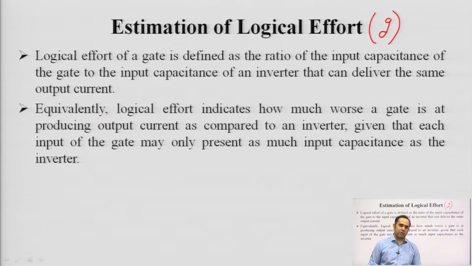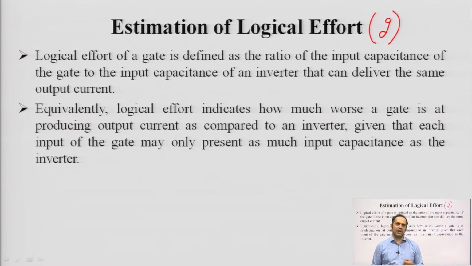It is a performance parameter, and since it is a ratio of two like terms, two capacitances, it is unitless. It usually has a numerical value which is generally an integer, and it is a performance parameter in a negative way. Lower the value of G, the better your gate driver is, and if the value of G increases, that means the performance is worsening.